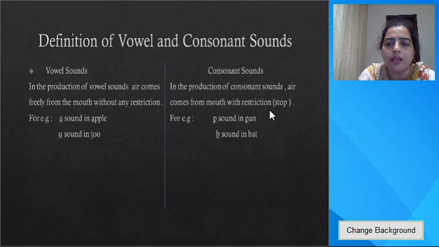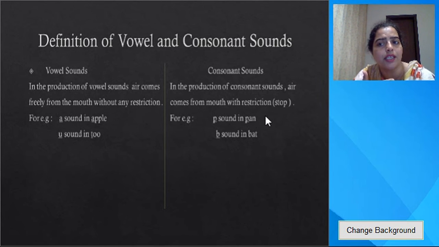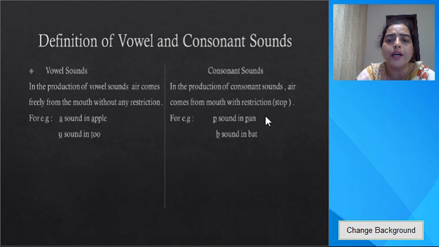For example, try to pronounce the word bah, bah. Here, air stops in the back side of the lips, and then suddenly this air bursts into the pa sound.